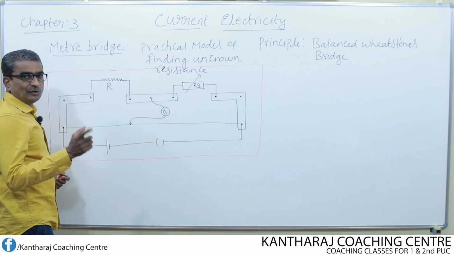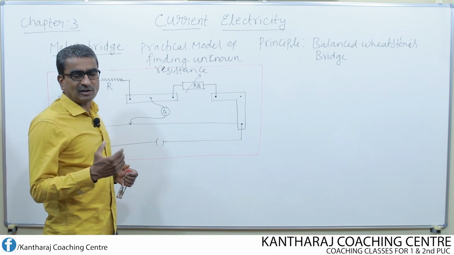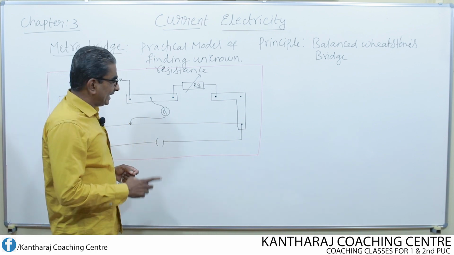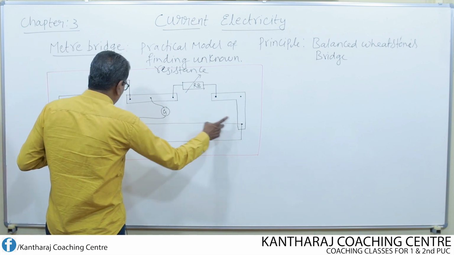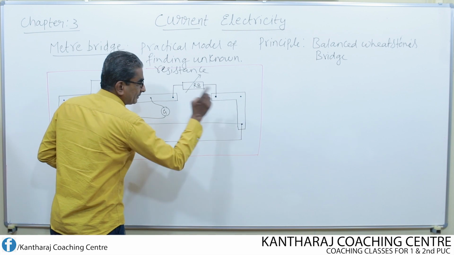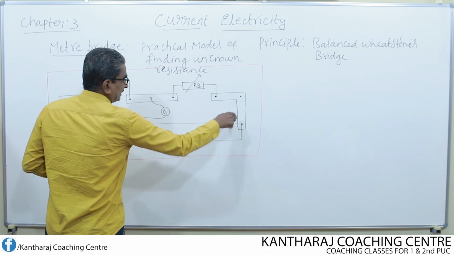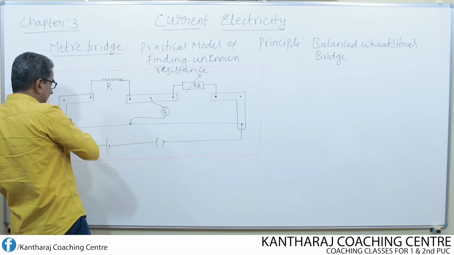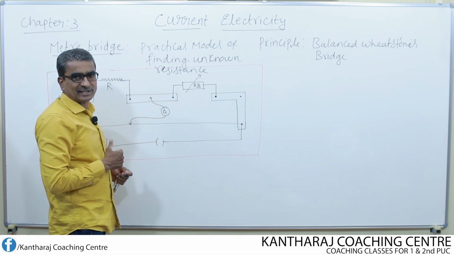A wire of length 1 meter, made up of either constantan or manganin, is stretched tightly between two terminals on the L-shaped strip. You can notice the terminals here. These terminals are provided for electrical connection.